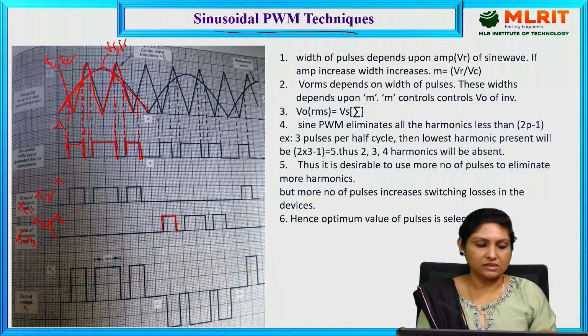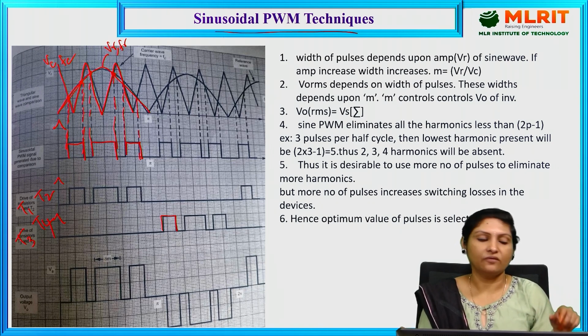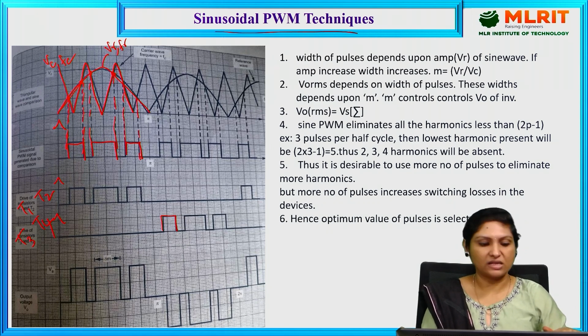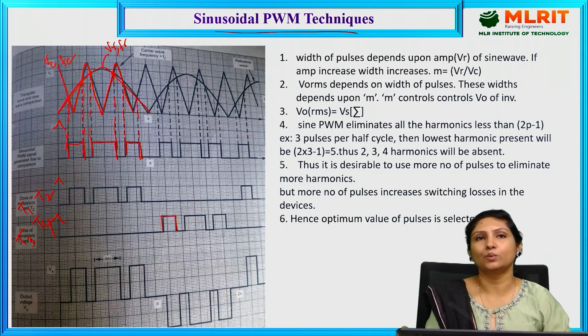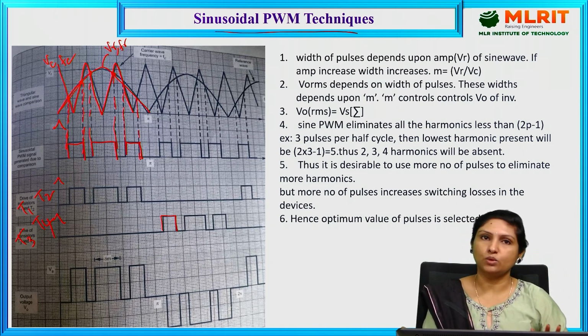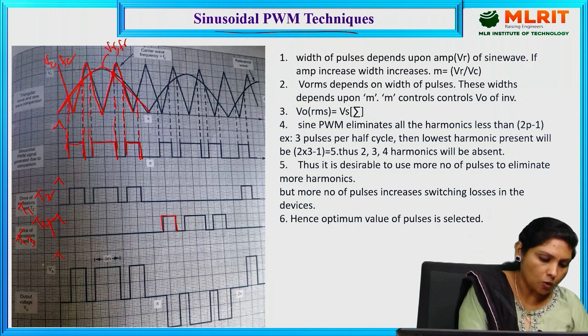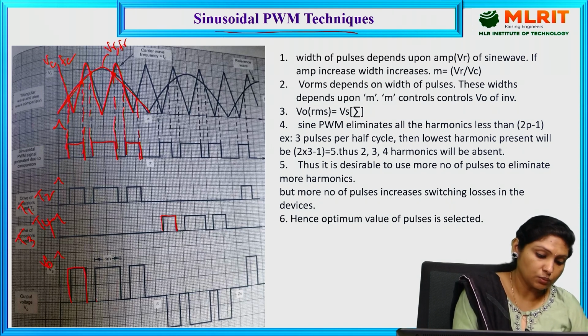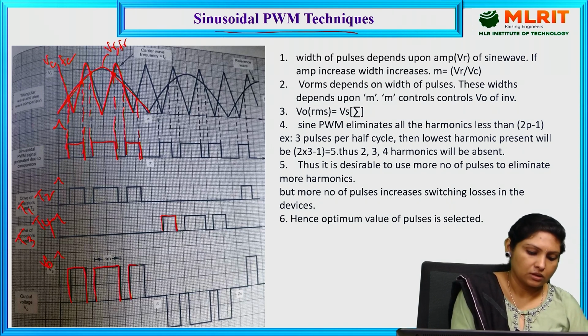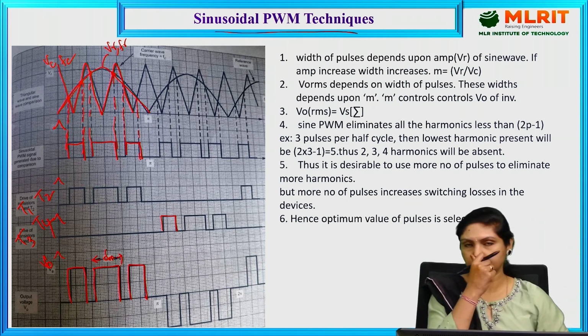These pulses are the base drive of transistors 1 and 2 as well as transistors 3 and 4 of the inverter, and the inverter is triggered accordingly to give this output voltage of the pulse width modulated inverter. The width of each pulse is given by delta M.